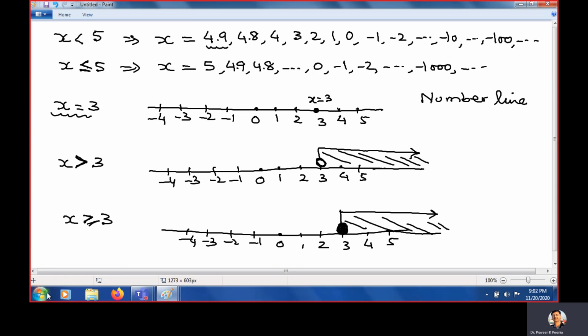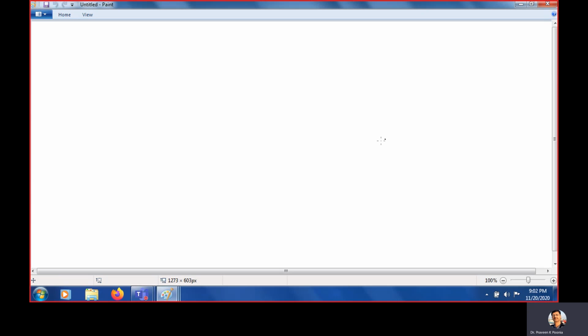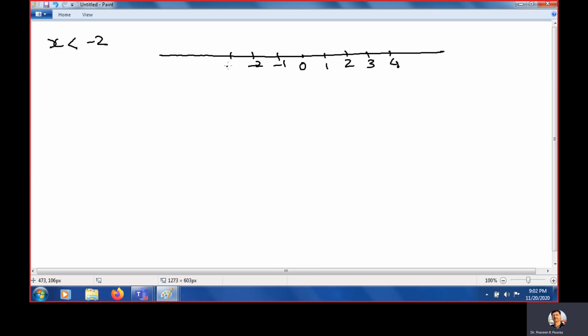Okay. So now I will tell you so many graphs so that you can understand. Let us take x less than -2. What do you mean by less than -2? We will draw the line. It is 0, 1, 2, 3, 4, -1, -2, -3, -4.